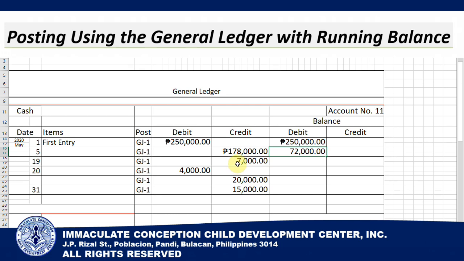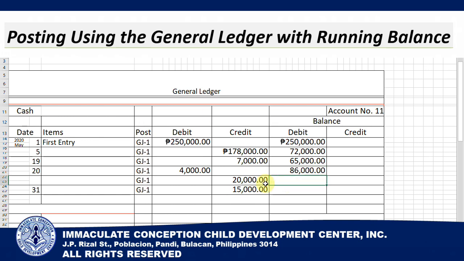Another amount, we have 7,000 pesos under credit side. So we need to deduct 7,000 pesos from 72,000 pesos. So we have 65,000 pesos. Next amount is under debit side, 4,000 pesos. So we need to add 4,000 pesos to 65,000 pesos. And that is 86,000 pesos.